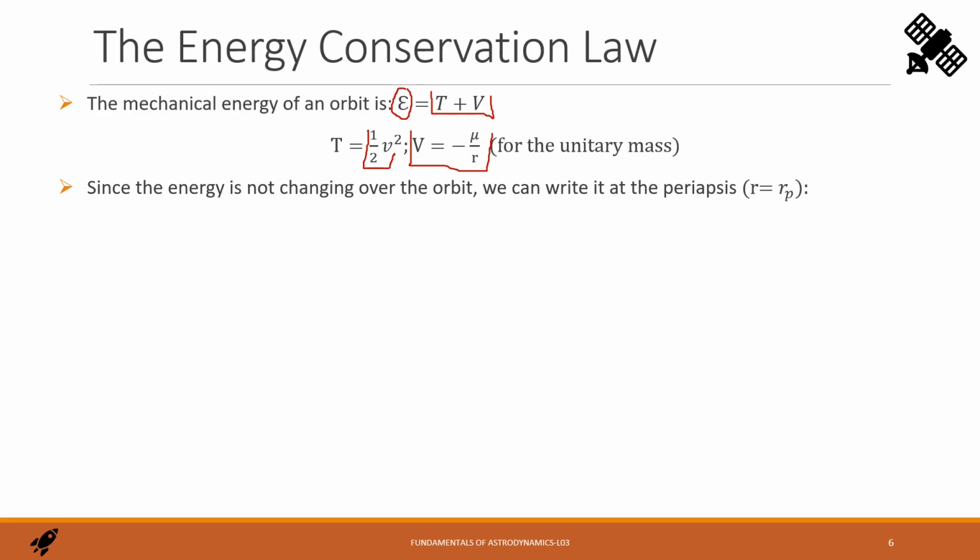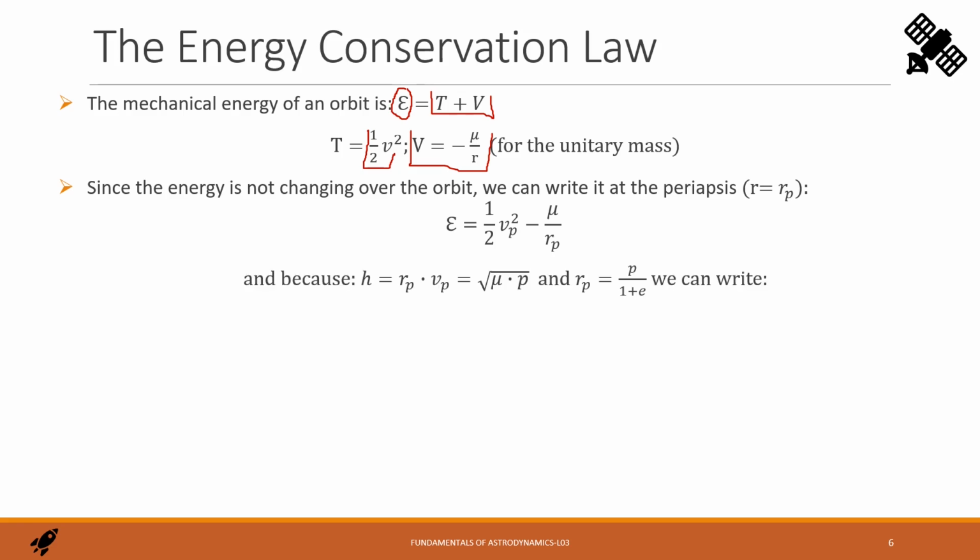And now, because the angular momentum h is constant, we can calculate it at the periapsis also, finding h equals rp times vp, because at the periapsis velocity and radius are square. But h is also equal to the square root of mu times p, and rp we can get from the trajectory equation, equal to p over 1 plus e.